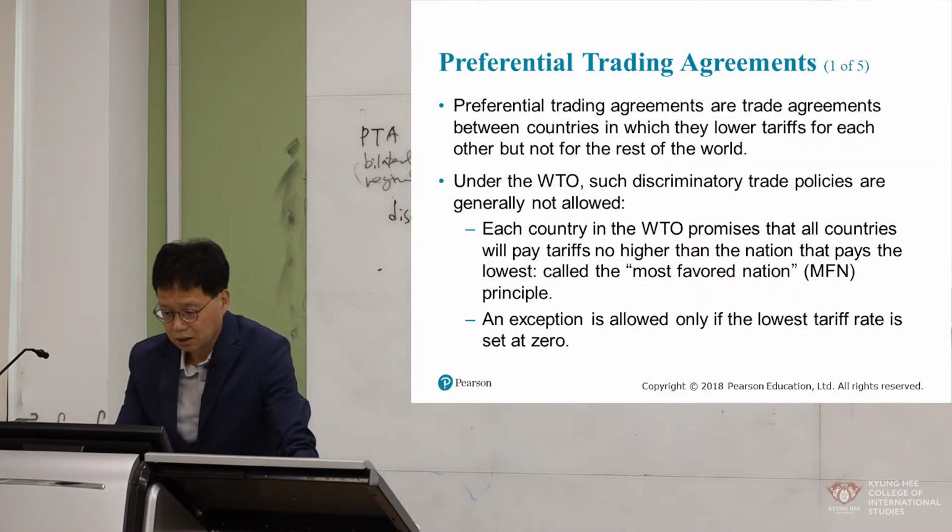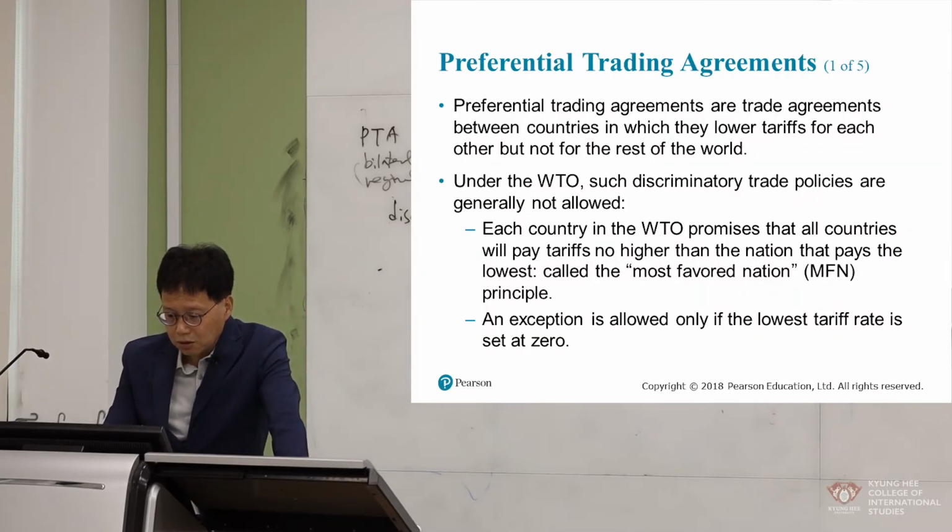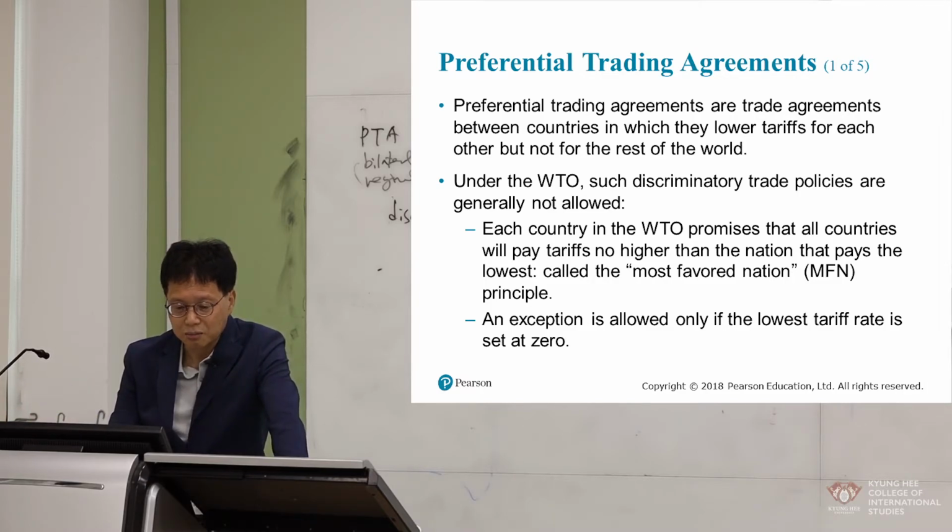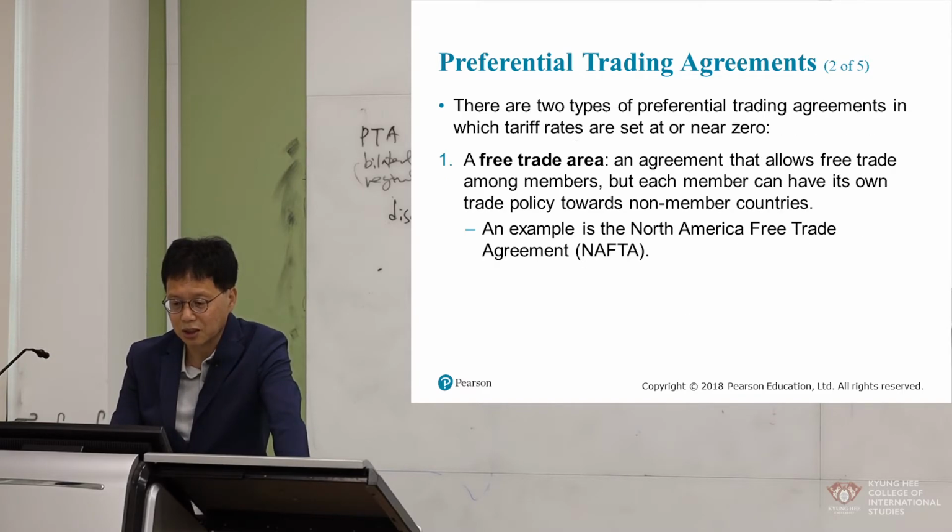Okay? But in WTO, an exception is allowed only if the lowest tariff rate is set at 0. Almost 0. So that means liberalization proceeds fully. That should be an exception in that case.